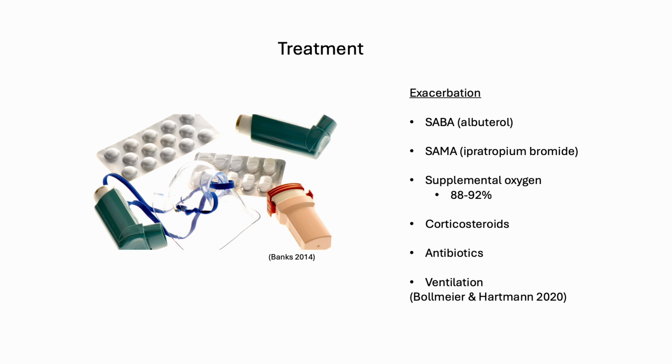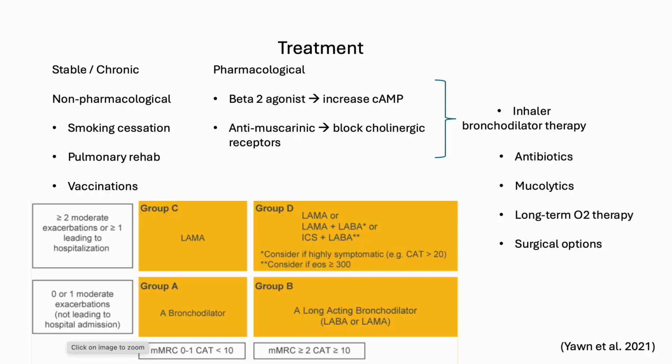This is because excess oxygen may suppress the drive for ventilation and precipitate hypercapnia and respiratory failure. Alongside these, a systemic steroid can be given, and an antibiotic may be used if an infection is suspected. Ventilation may be required in some cases, especially in respiratory failure secondary to hypercapnia.